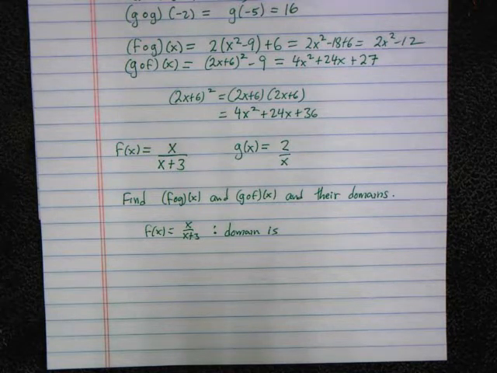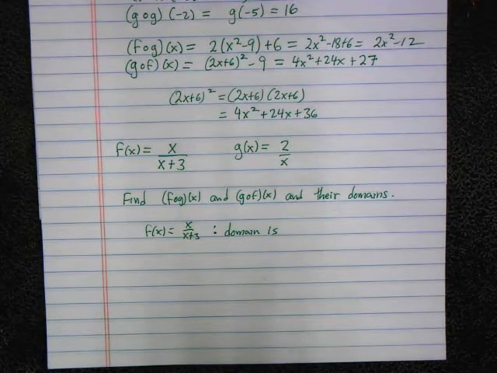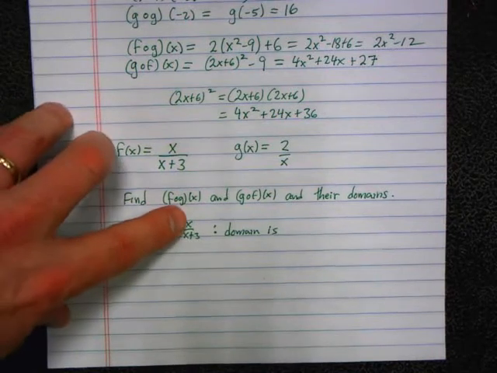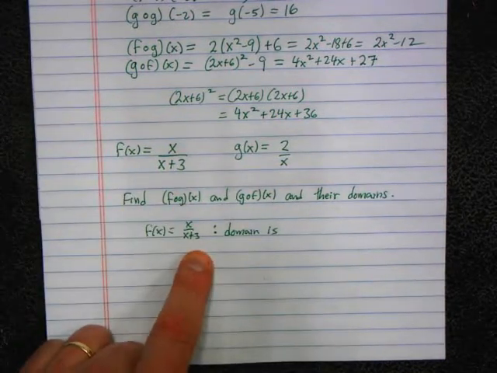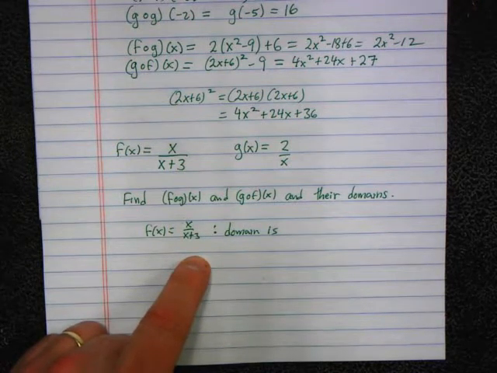Or more importantly, what numbers can you not plug in for x? I can plug 0 in for x on this one, because if I plug 0 in for x, I get 0 on top and 3 on bottom. 0 over 3 is 0, so that's okay.